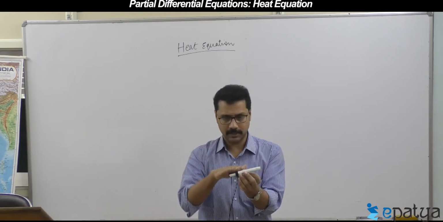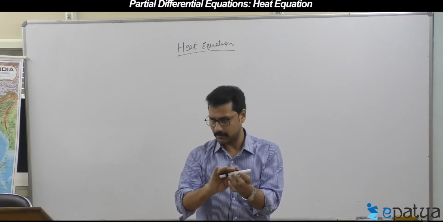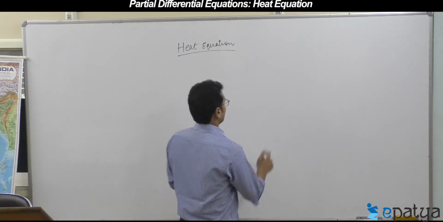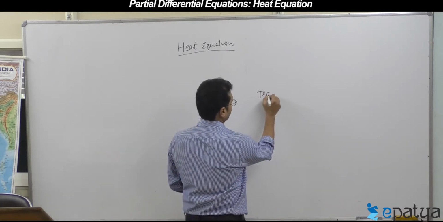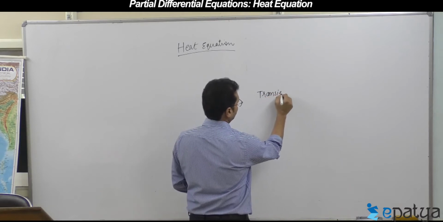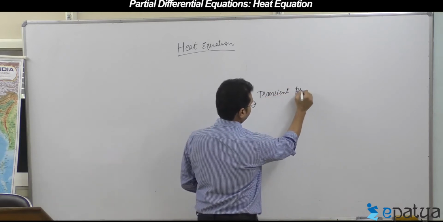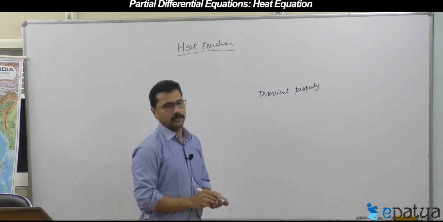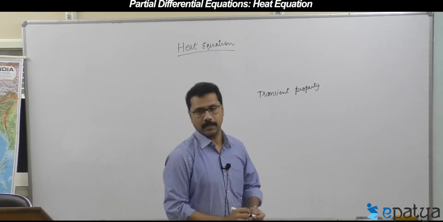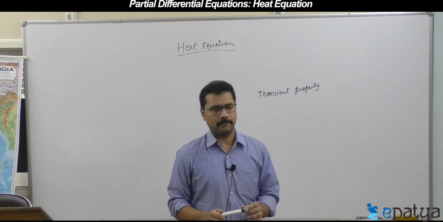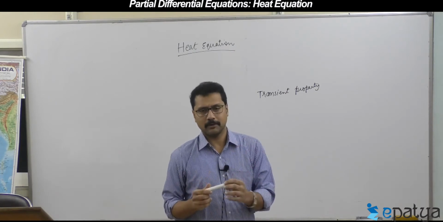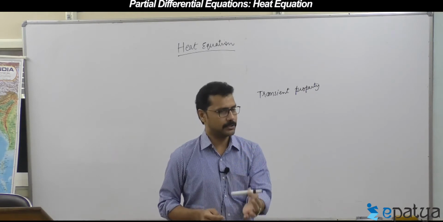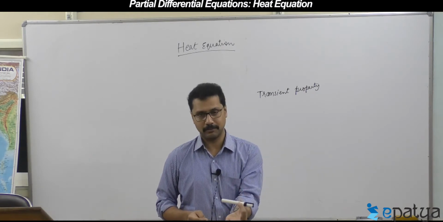The temperature gets reduced and it loses heat also, right? That property is always called transient property. The transient property of a material is that any given material loses heat and decreases its temperature to finally reach room temperature.